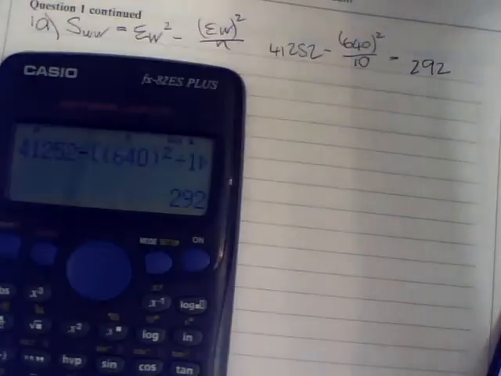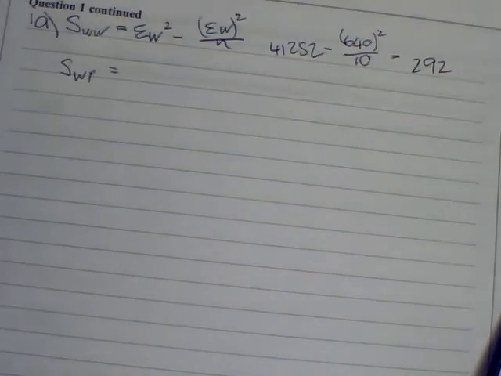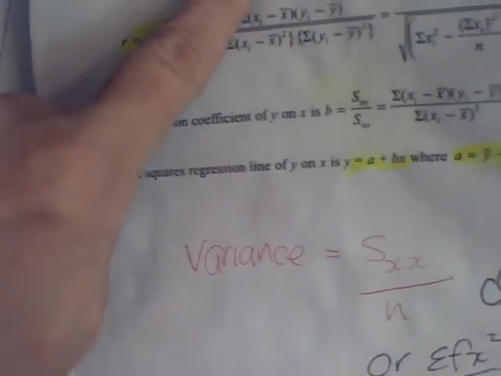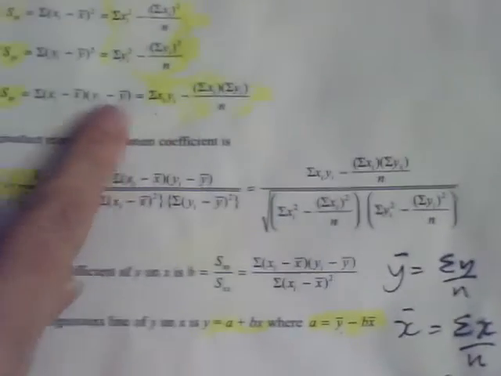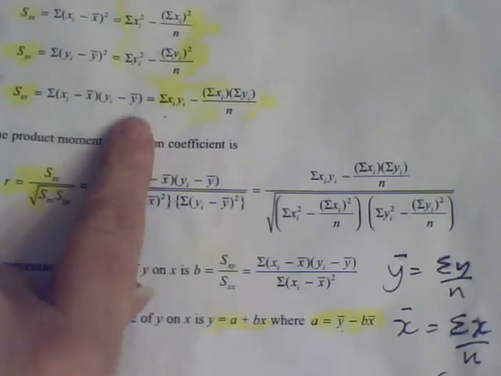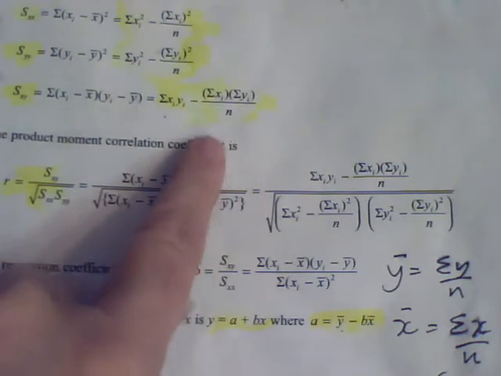So here we go. S of WP equals, back to our formula sheet, and here we go. S of WP is sum of WP, take away sum of W times sum of P, divided by n.